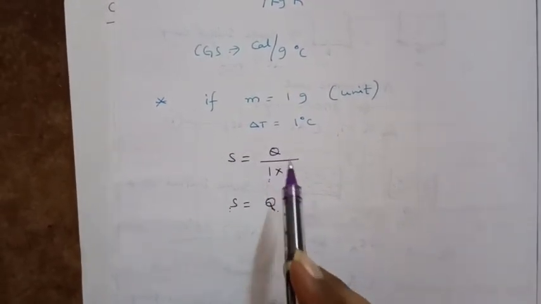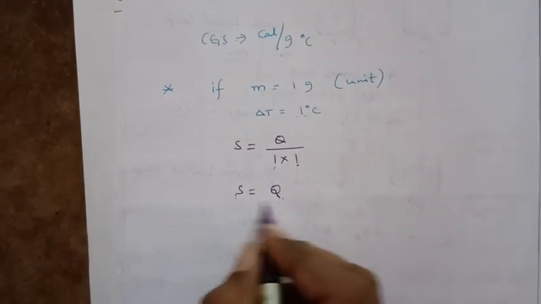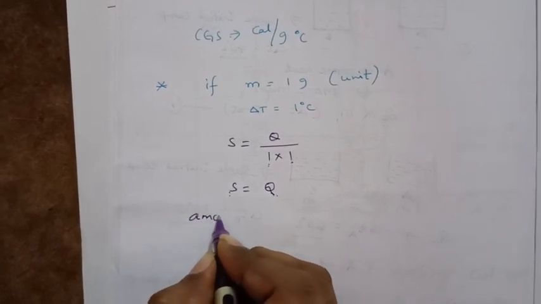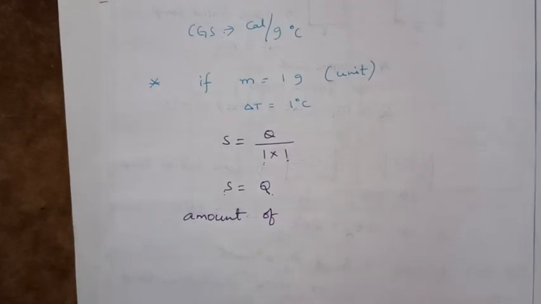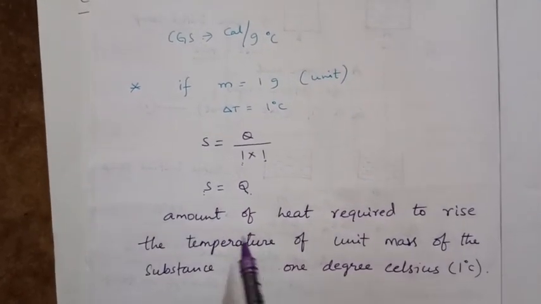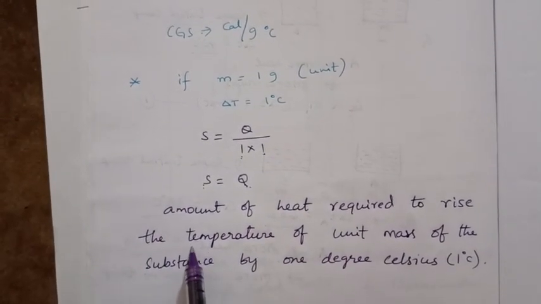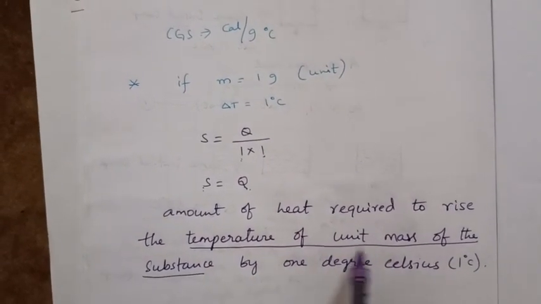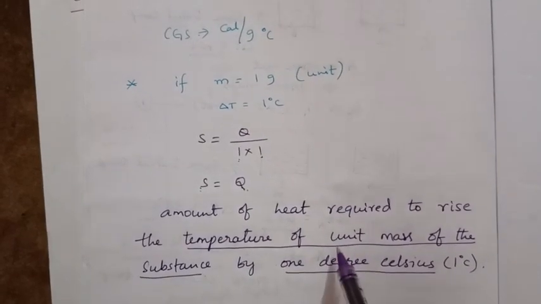So we can write the definition: specific heat is the amount of heat required to raise the temperature of unit mass of the substance by 1 degree Celsius.